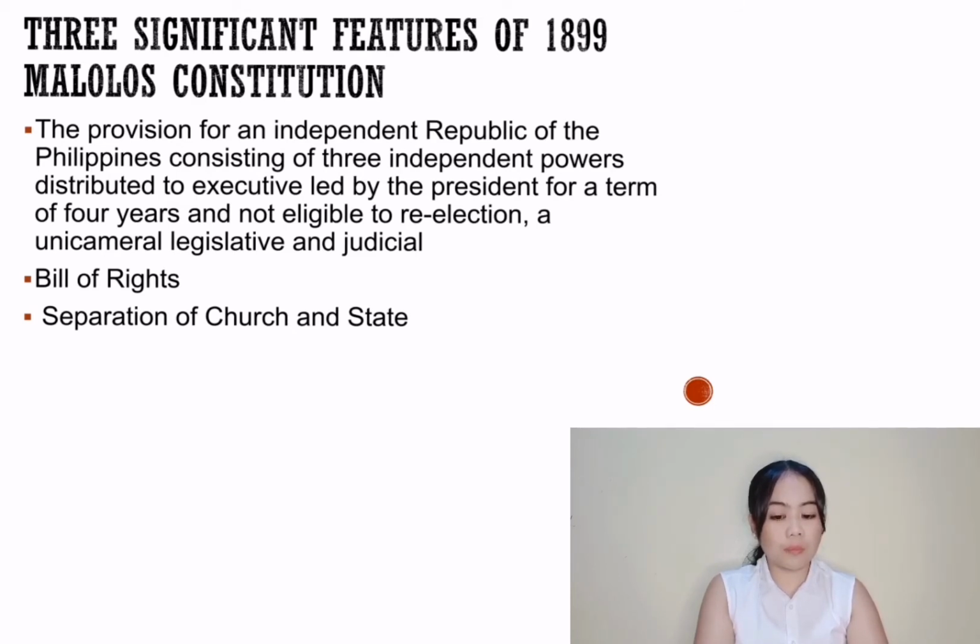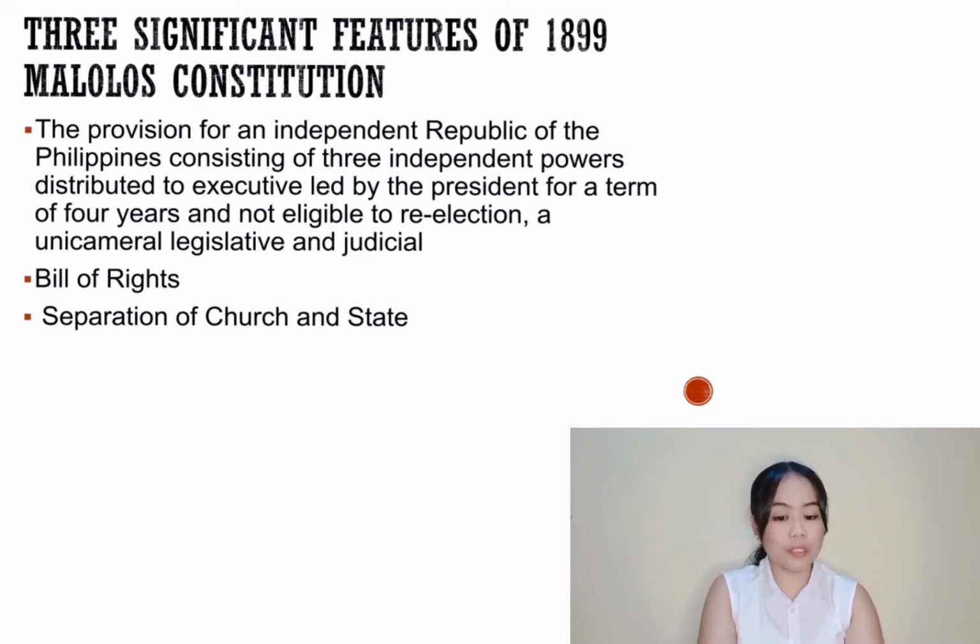The last one, the right to petition, means the freedom to make requests to the government. Okay? The Bill of Rights established the relationship of the individual to the state and defines the rights of the individual by limiting the lawful powers of the state.